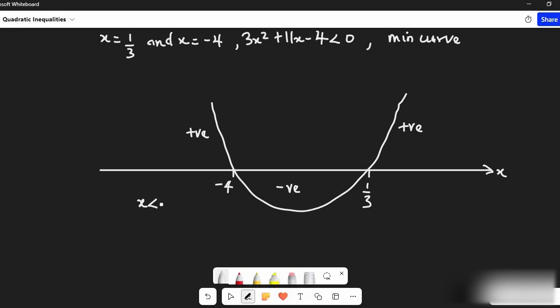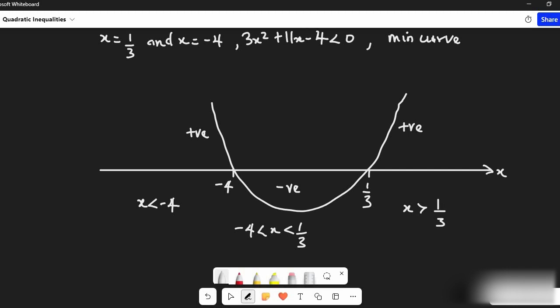Now in this region, this is where x is less than minus 4, so the left of minus 4, just like we have in the number line. And in between minus 4 and 1 over 3, we have that minus 4 is less than x, and x is less than 1 over 3. And to the right of 1 over 3, we have that x is greater than 1 over 3.